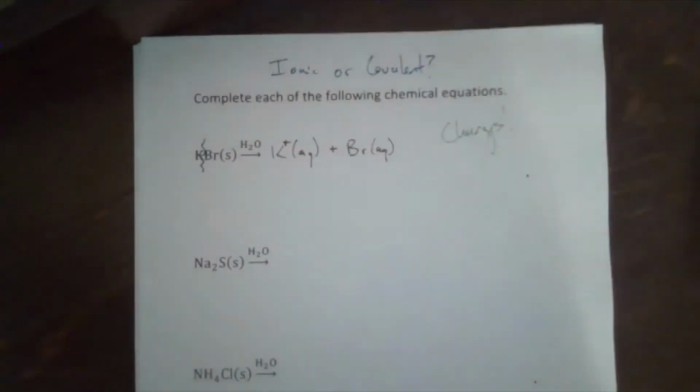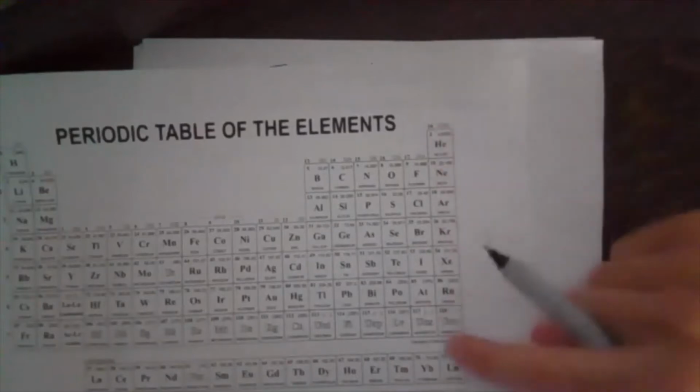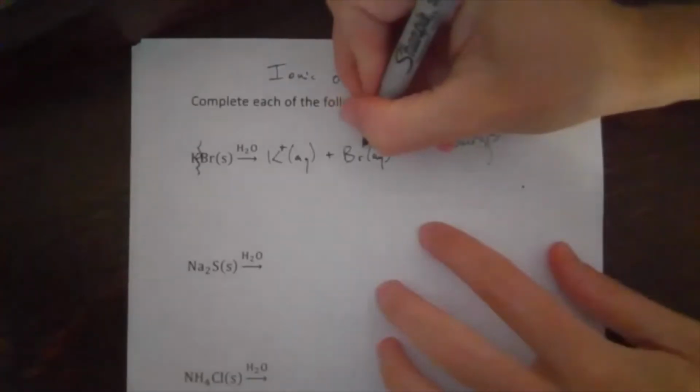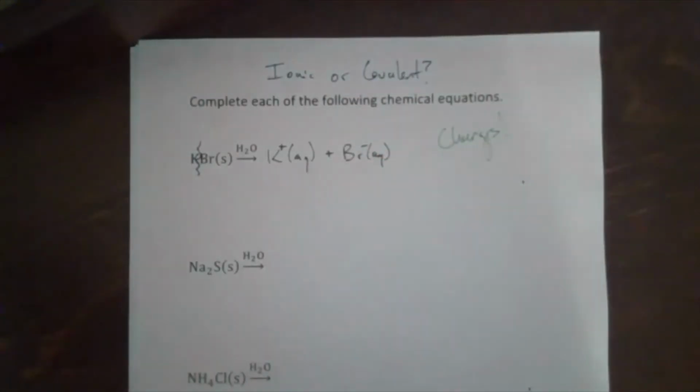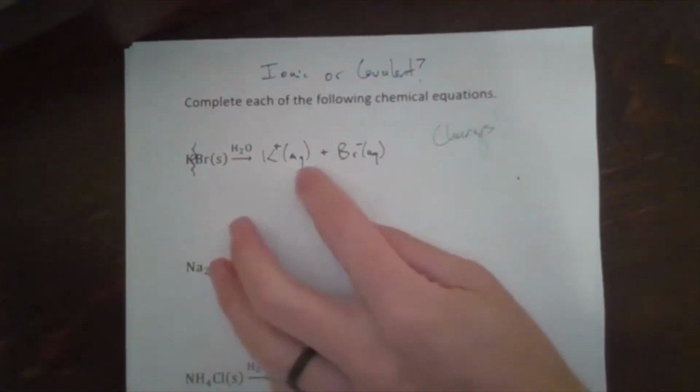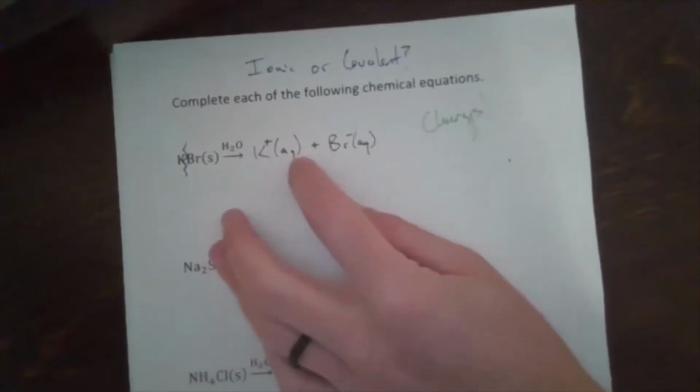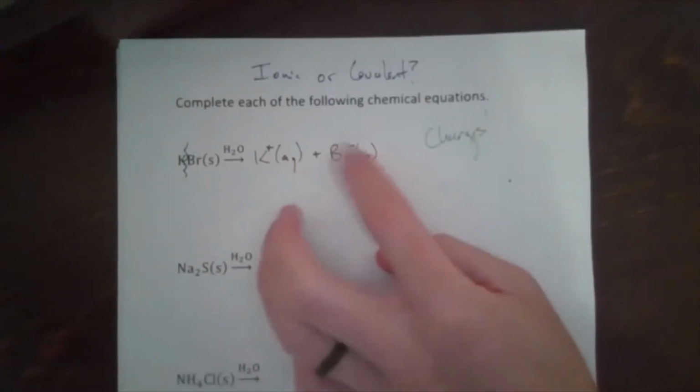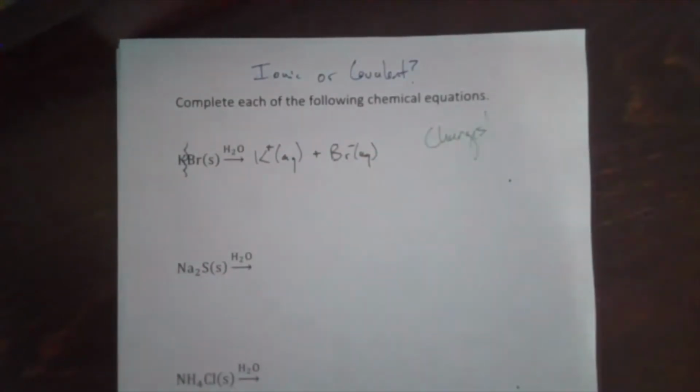K is in column 1A, so it is going to be positive. Bromine is over here, column 7A. This would be my 0 column, -1. So Br minus. So potassium bromide becomes a potassium cation that's floating around by itself in solution, and a bromide anion that's also floating around by itself in solution.